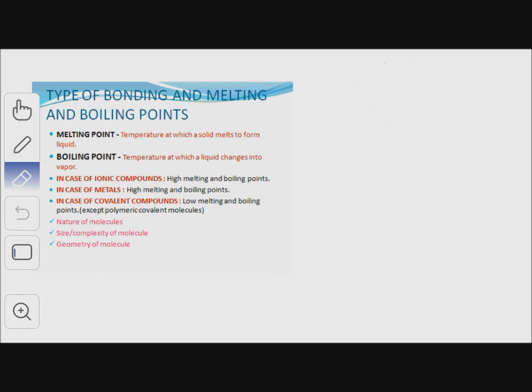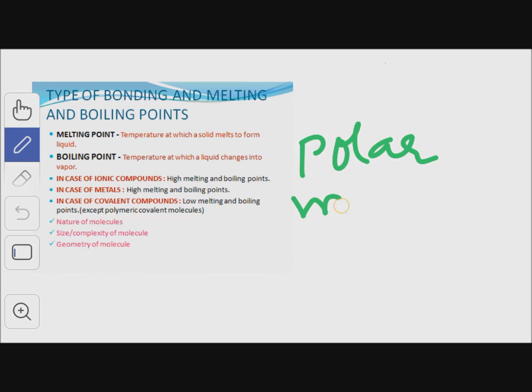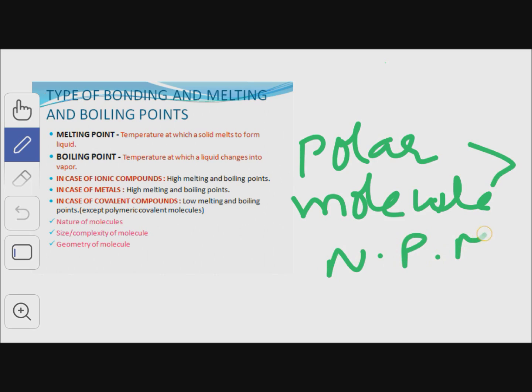Polar molecules have strong interactions as compared to non-polar molecules, and polar molecules have high melting and boiling point than non-polar molecules. In non-polar molecules, London forces exist, which are the weakest intermolecular forces.